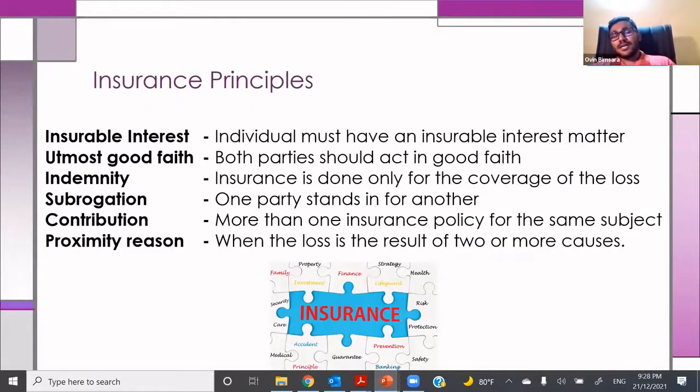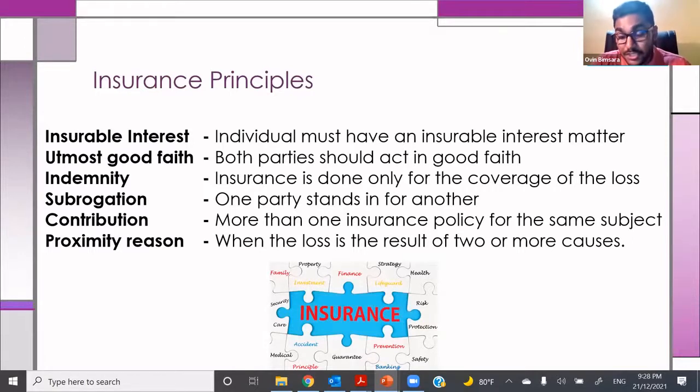Then we come to discuss the latter part, the insurance policies. I know that you have a separate chapter in your syllabus, but when it comes to foreign trade, insurance also matters. Why? Because so many accidents could occur during the transaction.